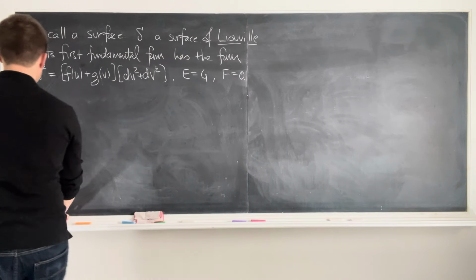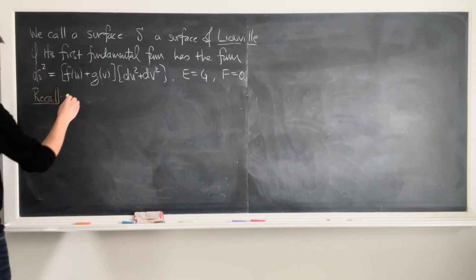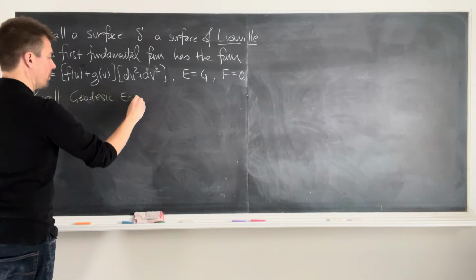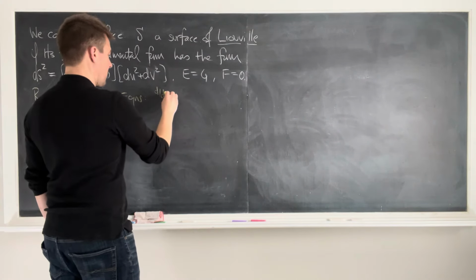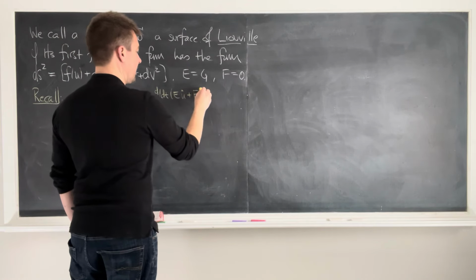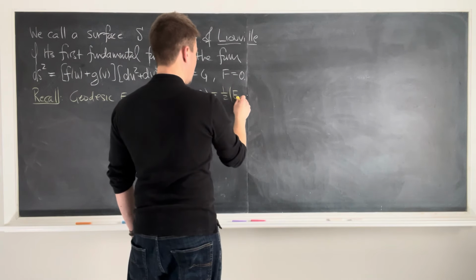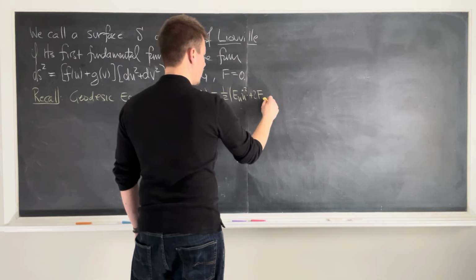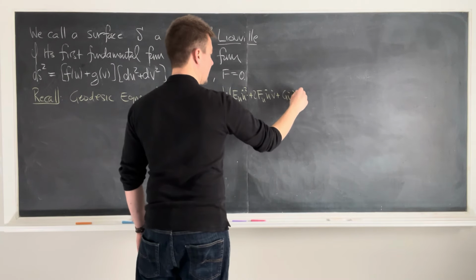So now let's write down the geodesic equation. So recall the geodesic equations are what? They're d by dt of E u dot plus F v dot is equal to 1/2 (E_u u dot squared plus 2F_u u dot v dot plus G_u v dot squared).